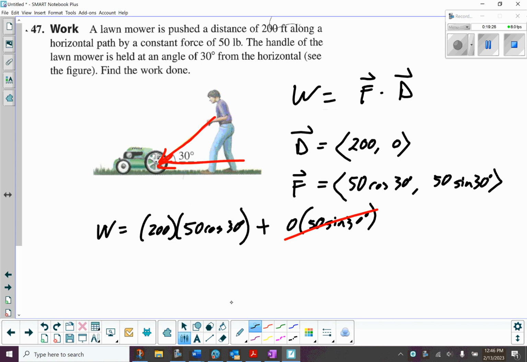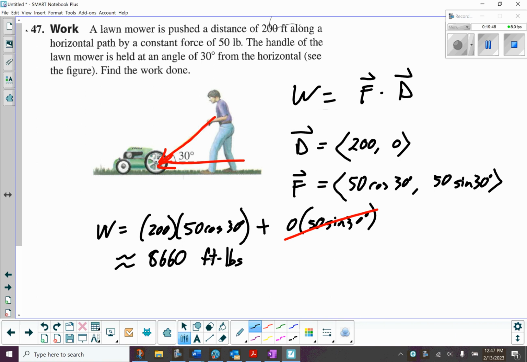Again, let's convert that to approximately 8,660. And yes, for those of you that are not taking engineering classes, this one's really weird. This has a unit of measurement known as foot-pounds.